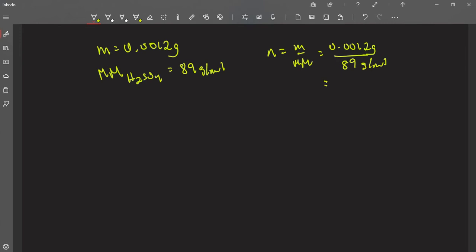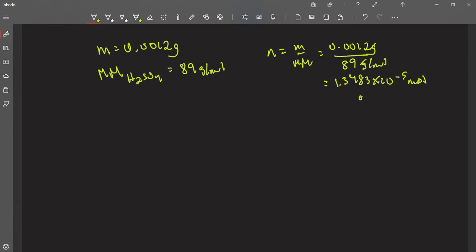I did this calculation just before we started. It's 1.3483 times 10 to the negative 5 moles. Again, always try to keep at least 4 or 5 digits after the decimal place. Okay, so that's how many moles we have.